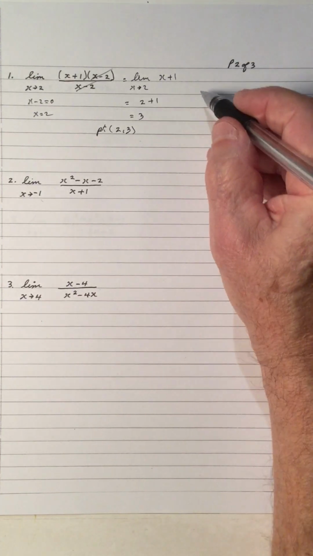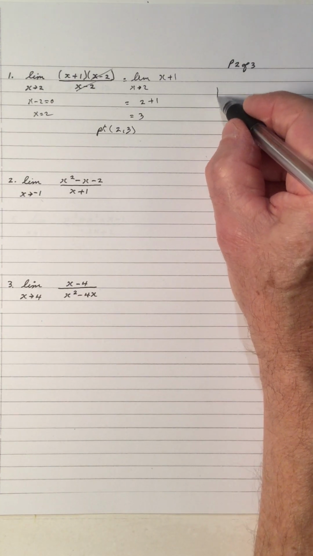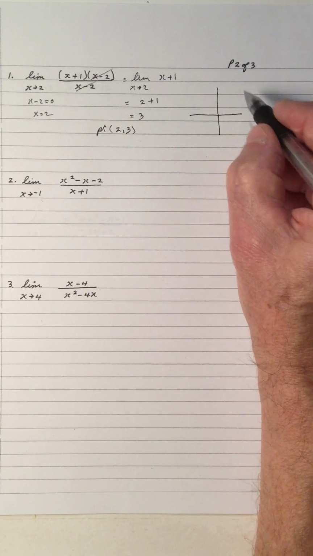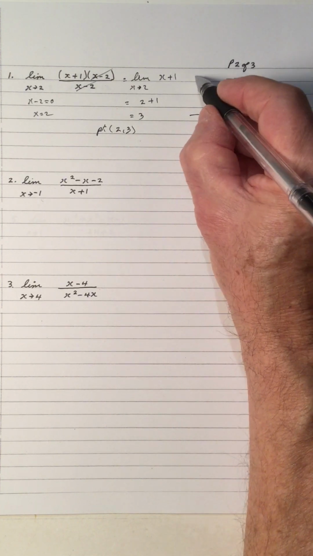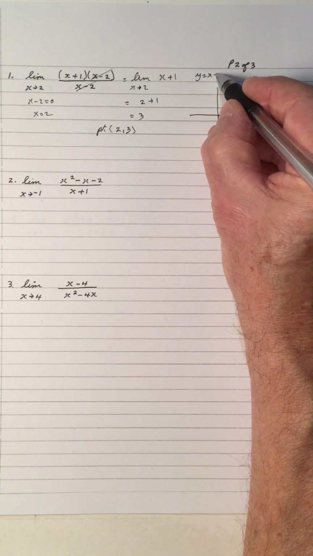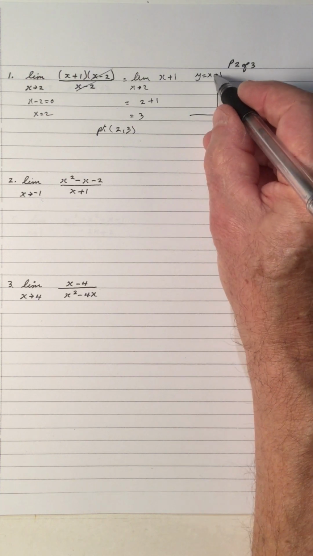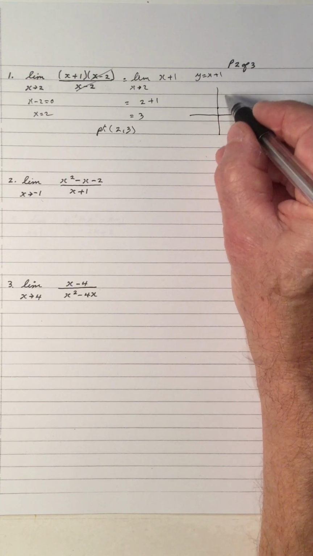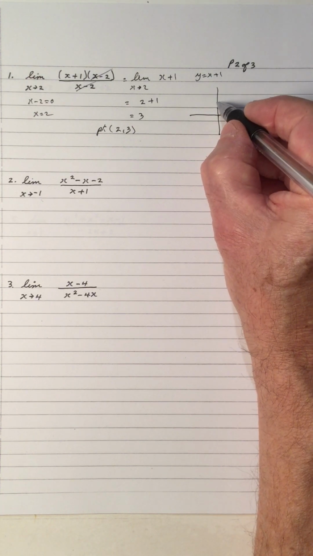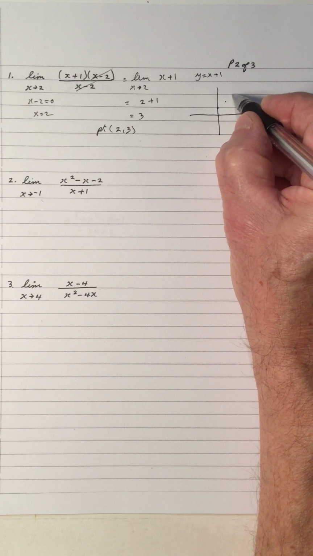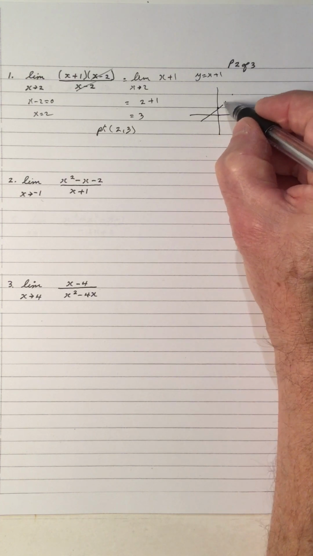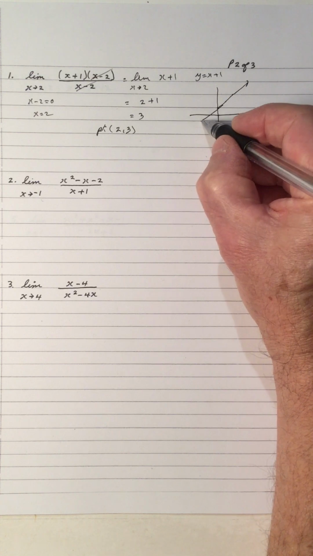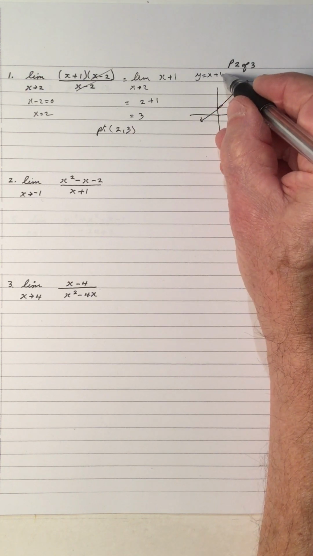So really, if you think about it, you have a line which is y equals x plus 1. The y-intercept is 1, and the slope is 1 over 1, so you go up 1, right 1, up 1, right 1. So that's the line that represents y equals x plus 1.